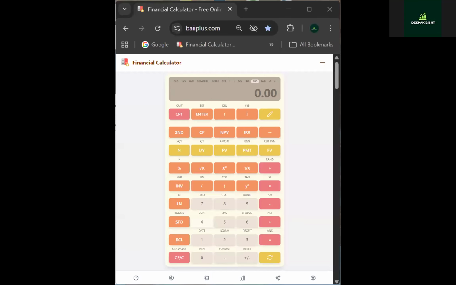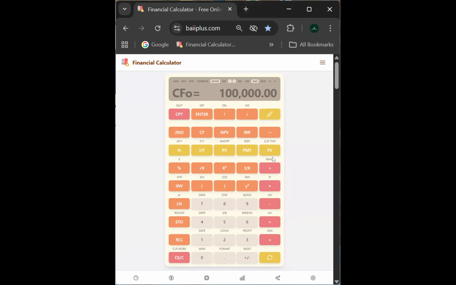What we are going to simply do is plug in our numbers. We will go to the cash flow function. We will plug in 100,000 as a negative, enter. Now go second, the arrow key, CF1 is going to be 5,000, enter.